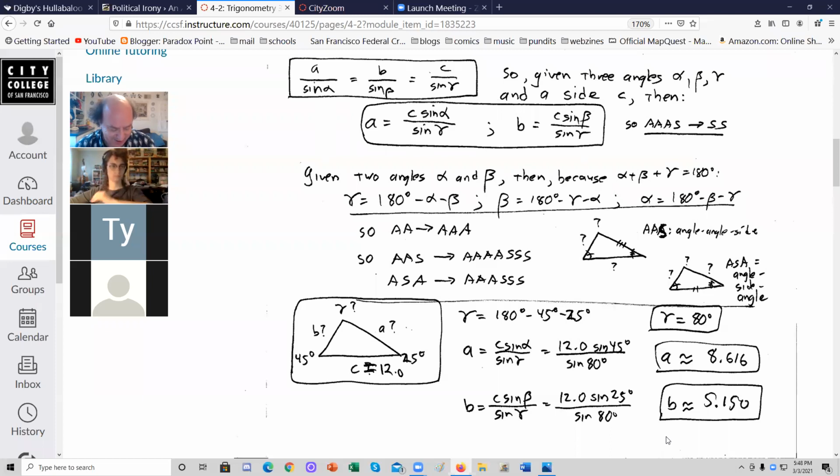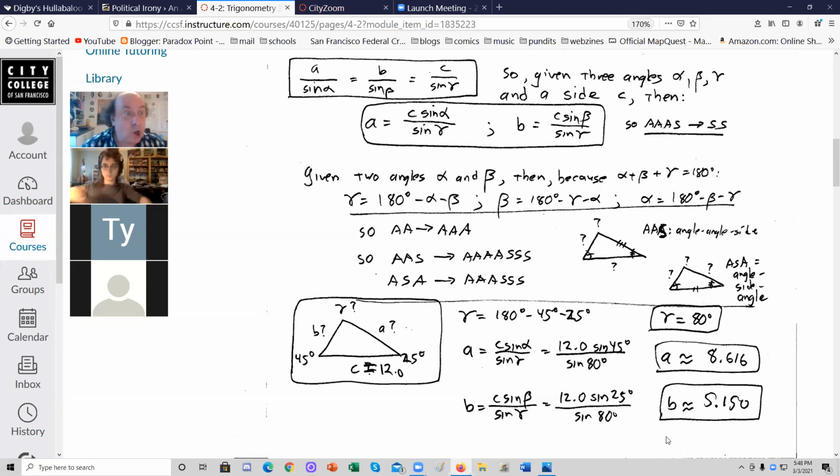No, wait a minute, that can't be. I have to make sure that's in degree mode. It's giving me a negative value. 9.029. Okay. And b is 12 sine 25 over sine 110, which is 5.396.